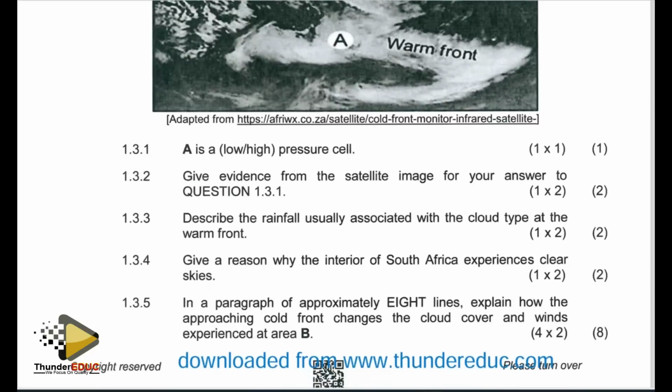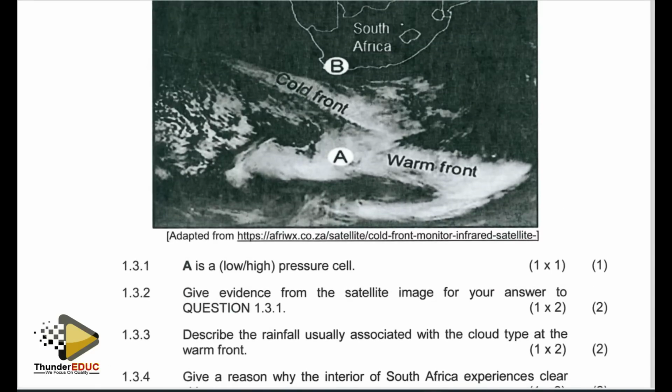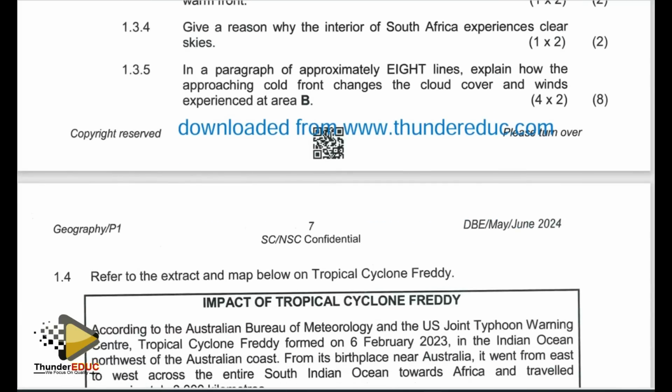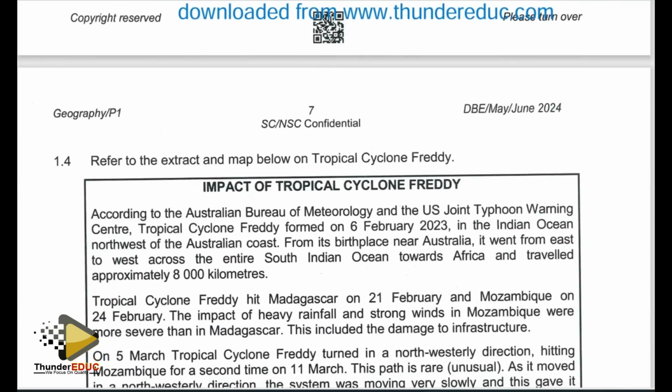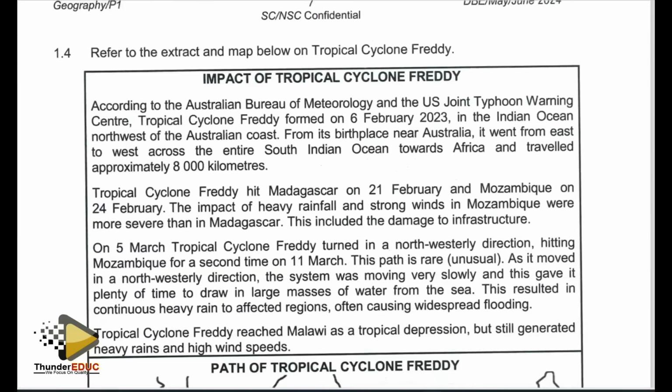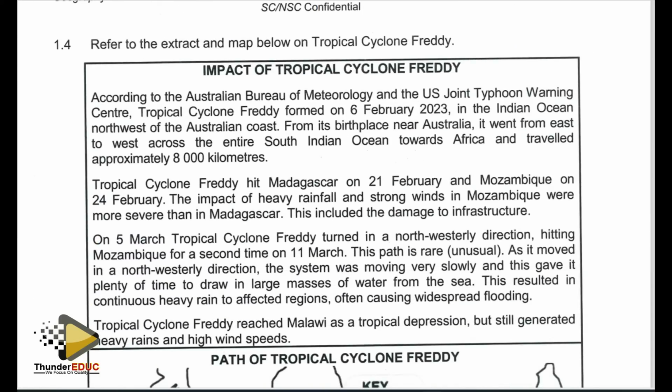That's basically how the wind is also going to change over that particular point B. Right, that is our question number 1.3.5.